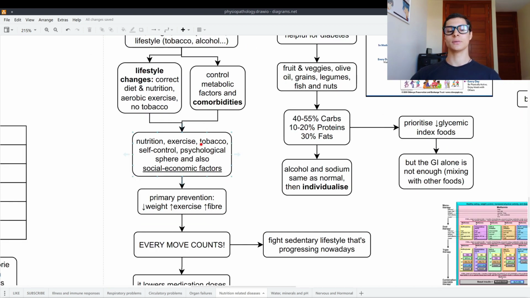Nutrition, exercise, tobacco, self-control, psychological sphere, and also socioeconomic factors. These are the factors that determine the appearance of diabetes, especially the socioeconomic ones, because if you don't have enough money, chances are you're not able to buy the healthier food. And the majority of the time, food that is cheap is not healthy.